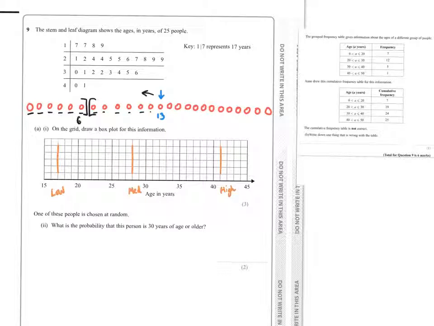So that's the 6th piece of information, and that's the 7th piece. So we want to go in between the 6th and the 7th. So in our stem and leaf diagram, 1, 2, 3, 4, 5, 6. Notice I count from the inside out because they're in order of size. So it's between 22 and 24, which is 23. So that's our lower quartile, 23.